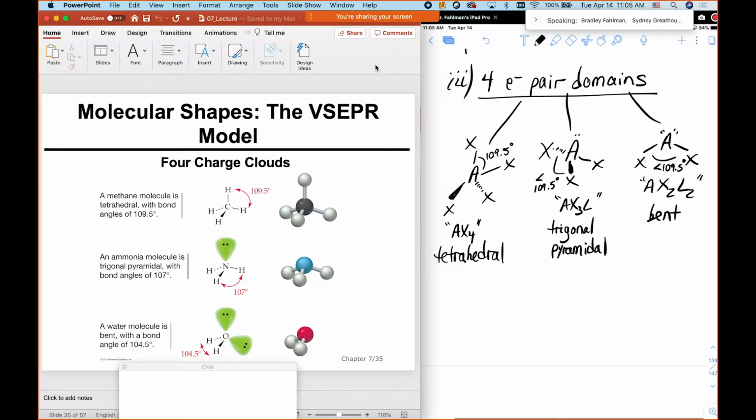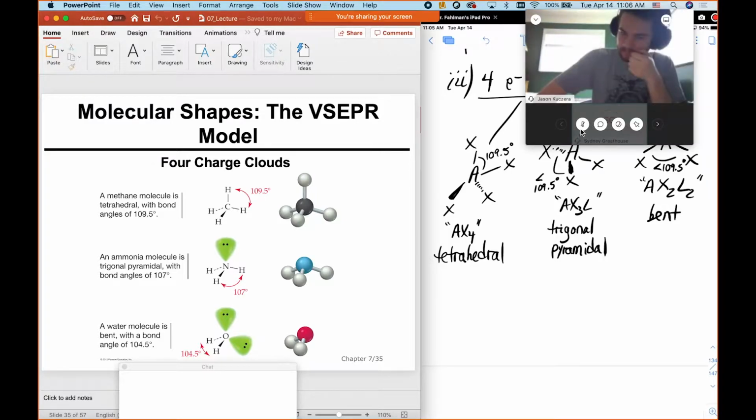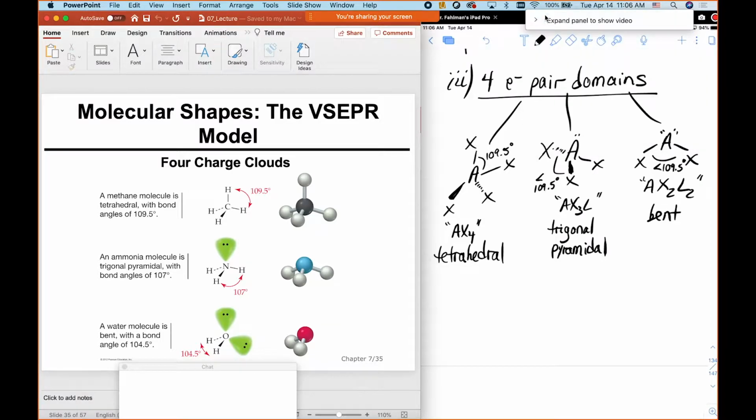And then the last one was with four electron pair domains. If there are four things bonded to a central atom, it was AX4, and that was tetrahedral. All the angles are 109.5, a number you should have in mind for the final, right around 109 degrees.